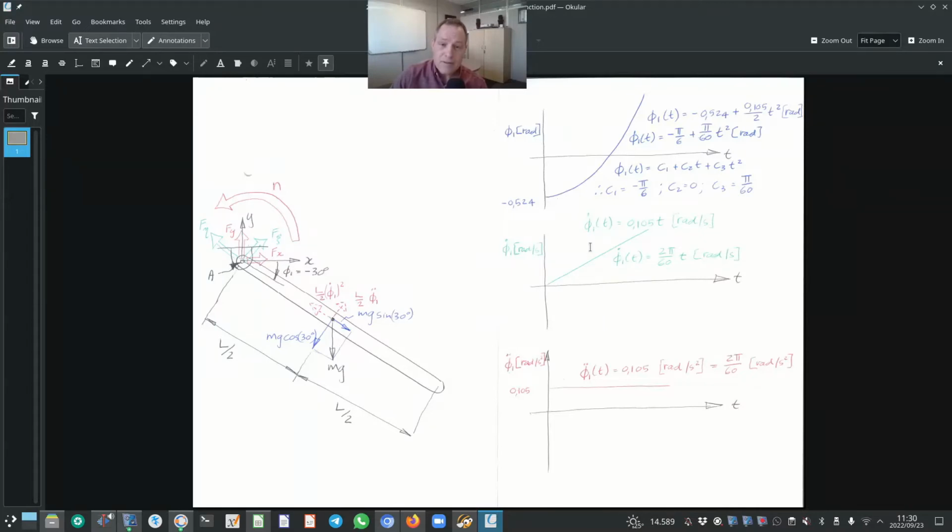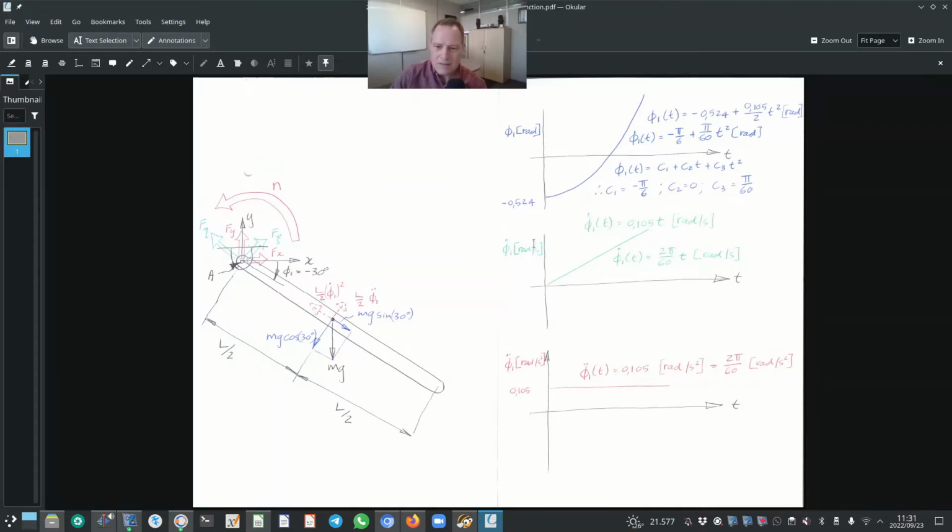If you integrate that, you get a linear angular velocity of 2 pi over 60 multiplied by t radians per second, and if you integrate that, you get a quadratic function of the rotational angle of body 1 starting at minus 0,524 or minus pi over 6 radians plus pi over 60 t squared radians. That's the rotational angle of the pendulum rod.